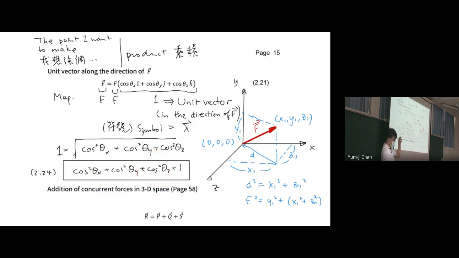We cannot pick any random combination of these three terms, because the third term needs to satisfy this equation. These three are dependent on each other.